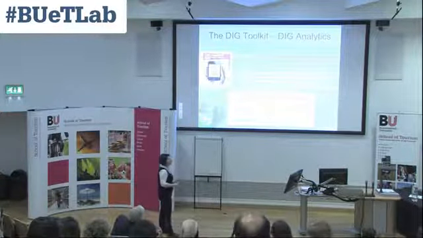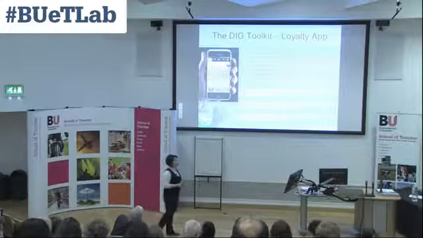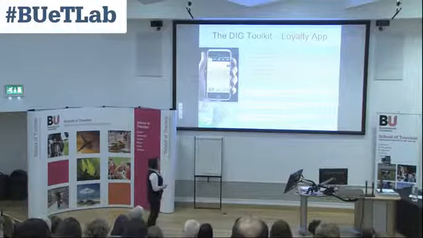So moving on to the native apps that I'm talking about. The first one is the loyalty app. As you can see, the interface is this one. What you can do is scan QR codes and also scan or tap NFC tags.